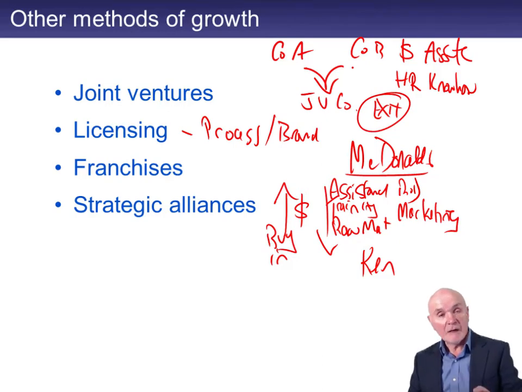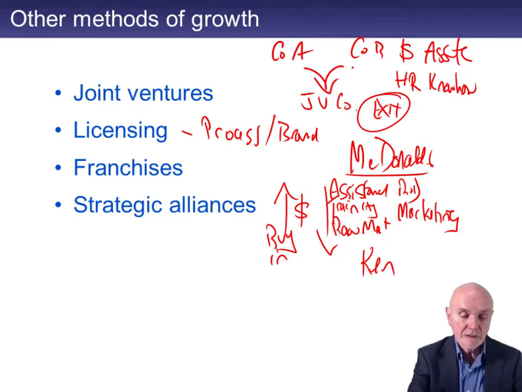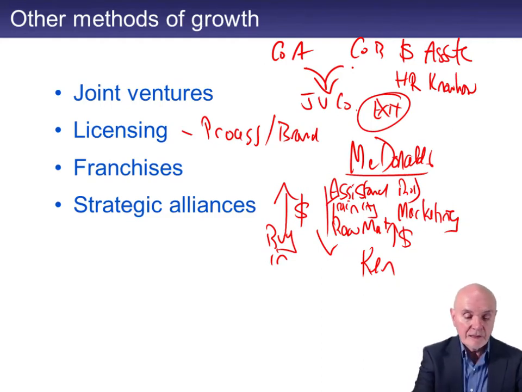Note that they provide me with raw materials. They will normally say you can only buy raw materials from us. And there's another stream here of money going from me to McDonald's. I will not be permitted to go to cheaper suppliers and source my own raw materials. And also what they give in a very big way is going to be rules.